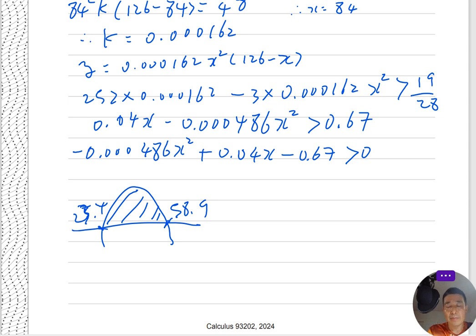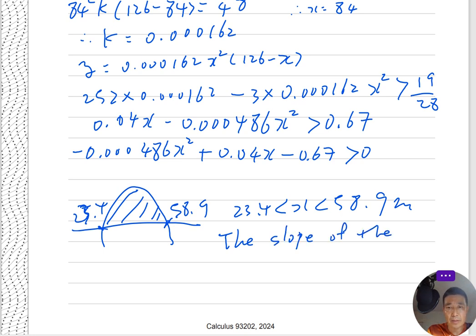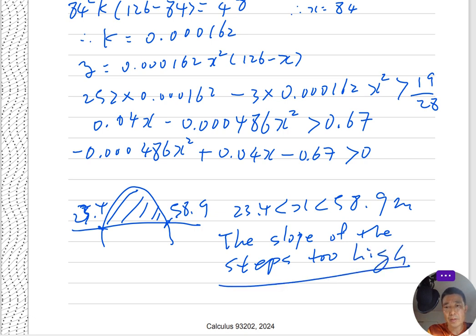So when the distance x is between 23.4 and 58.9 meters, the slope of the steps is too high. That should be the answer.